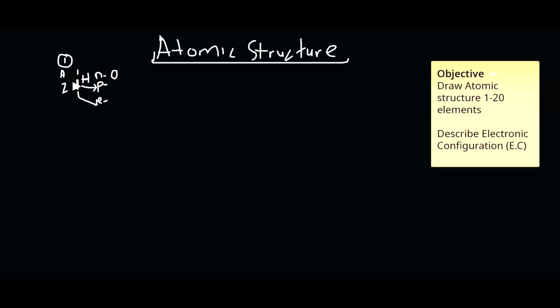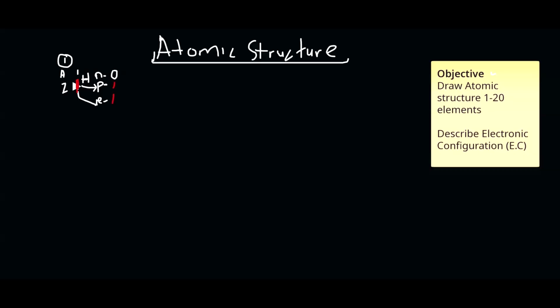Don't guess it. Atomic number tells the amount of protons and electrons, right? So if the atomic number is 1, what would be the amount of protons and the amount of electrons? 1. Good. And the electrons is 1.